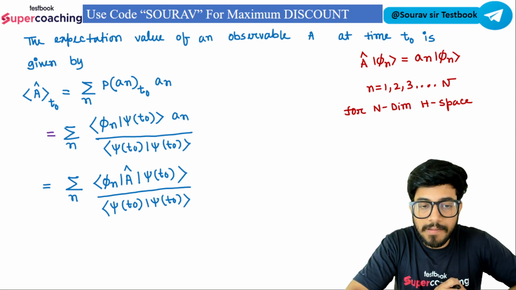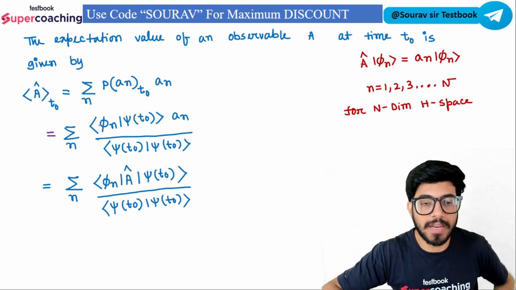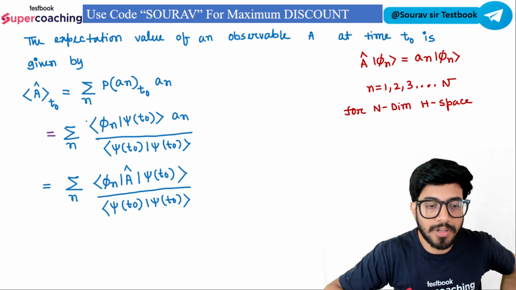because you see, this has to be a mod square actually. Probability is always with a mod square.